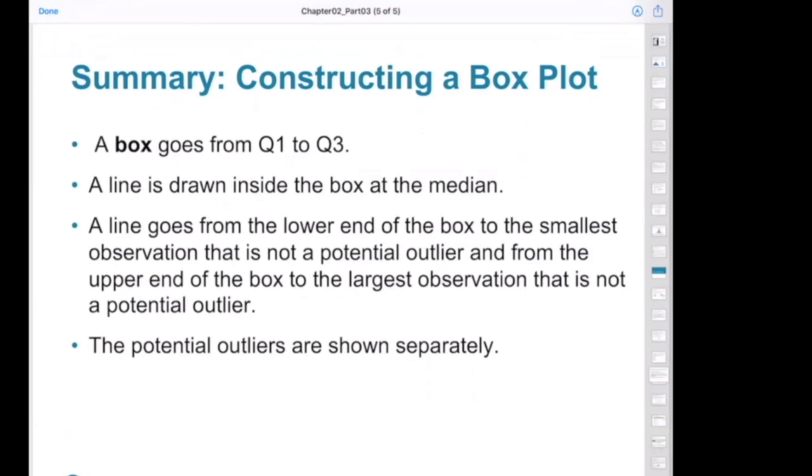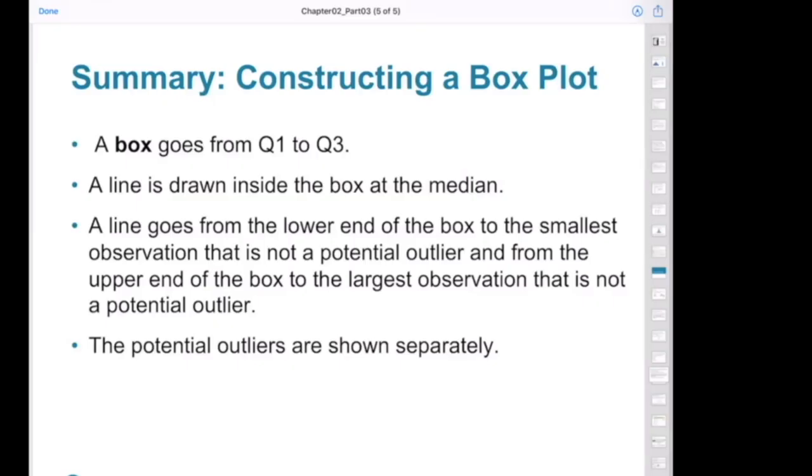The box goes from Q1 to Q3, and then the line drawn inside the box is the median. The line goes from the lower end of the box to the smallest observation that is not a potential outlier, which means it's the smallest number within the distance of 1.5 interquartile range, and from the upper end of the box to the largest observation that is not an outlier, or within the range of 1.5 interquartile range.